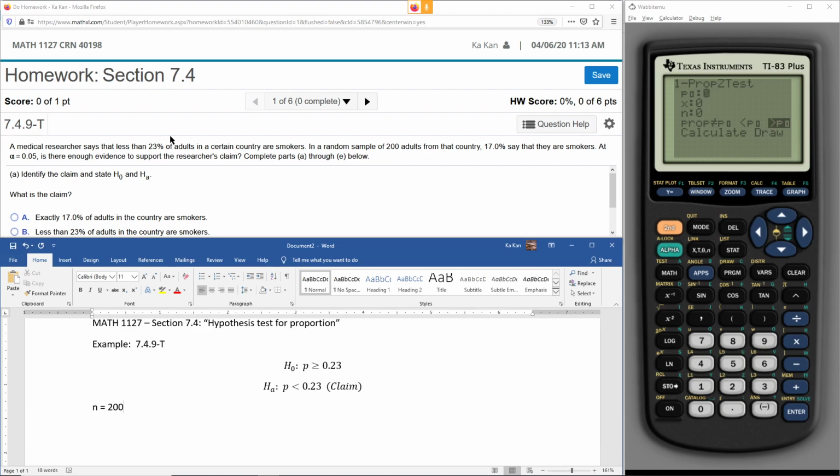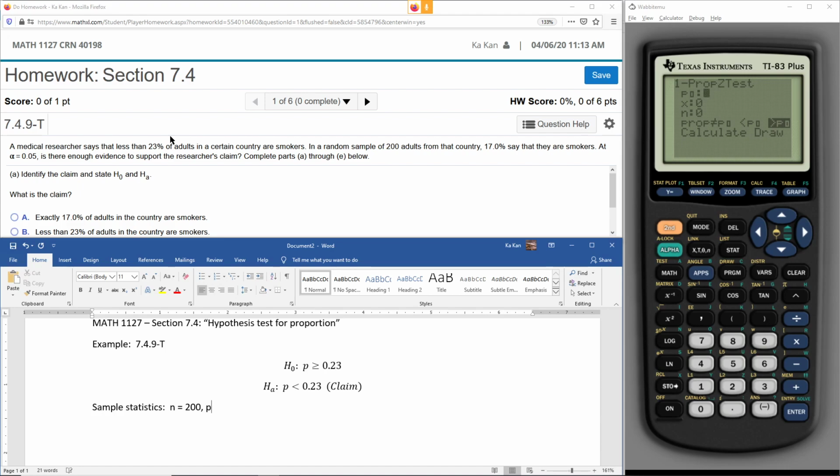I went and sampled 200 people, and then out of those 200 people, we have 17% who say they're smokers.